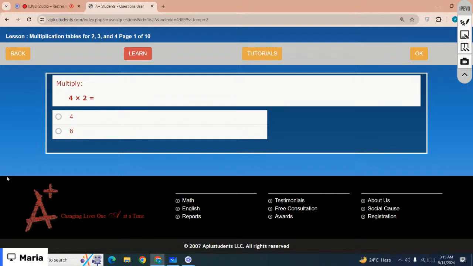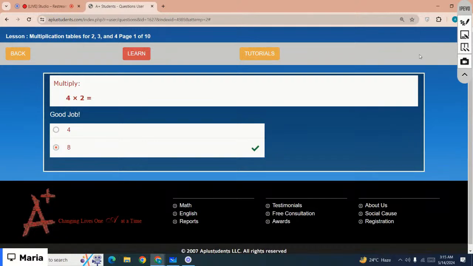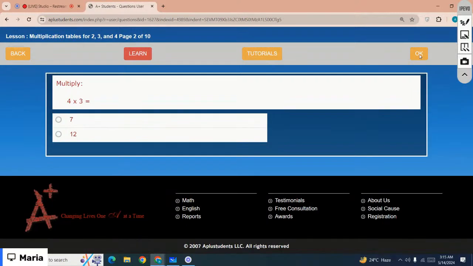The correct option is A, 2 times 4 is 8. Option number 2 is the correct option. So if you still haven't started with the tables, that's the time you have to start with the multiplication tables, right? The next one is 4 times 3, which is the correct option?